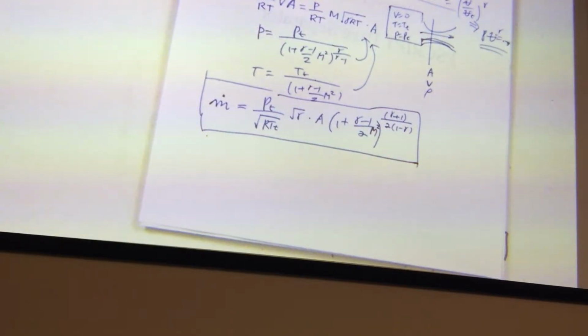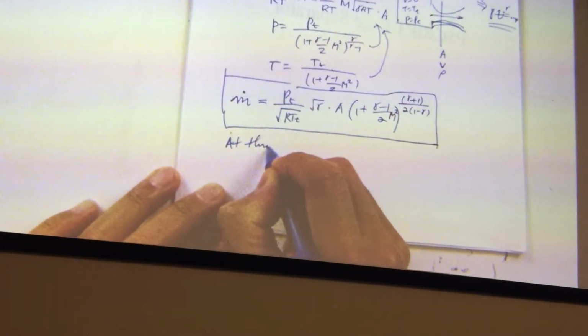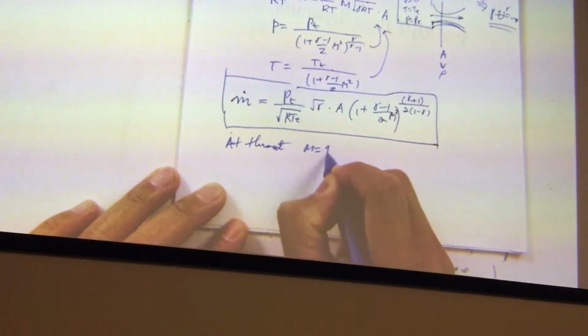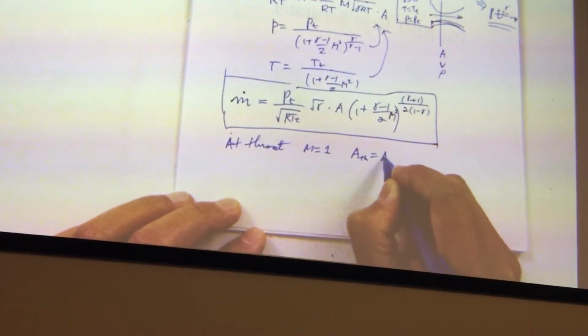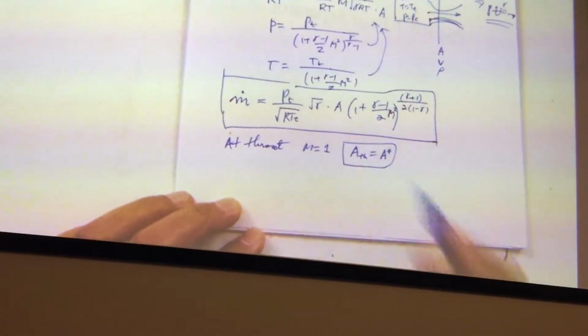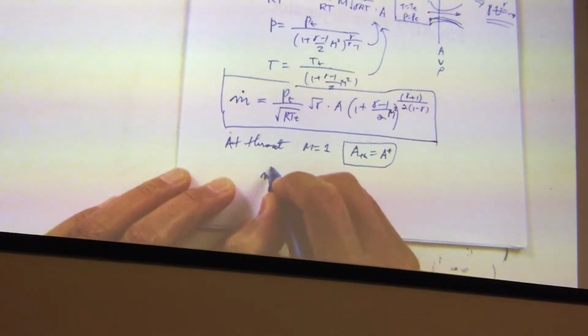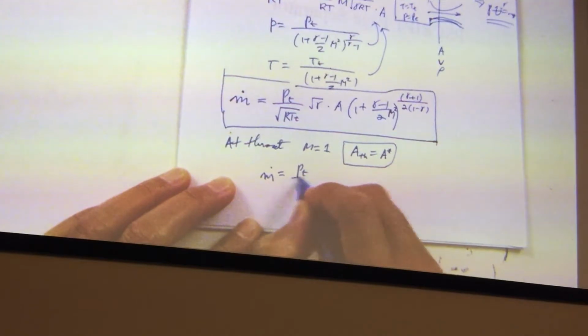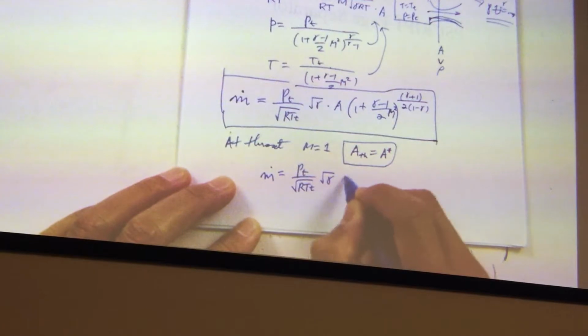Now, again, here's important that, at throat, M is equal to 1. So we call A_th equal to A star. This is the notation that you will use. A star is the reference area. Okay? So, what will happen is your m dot will still be equal to PT over square root of RTT times square root of gamma times A star.